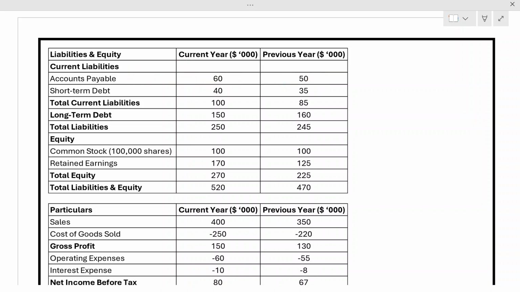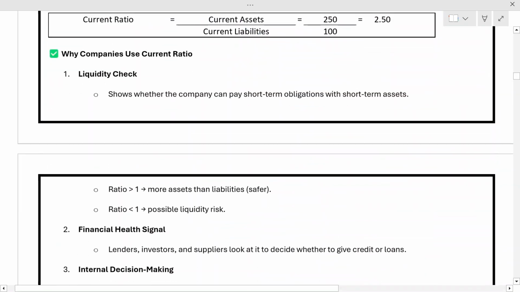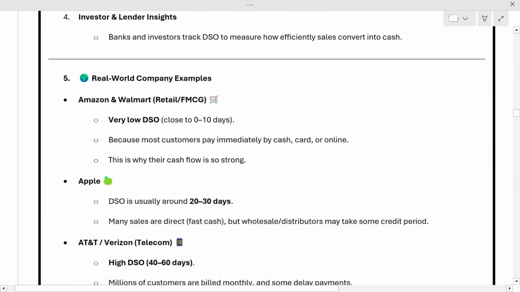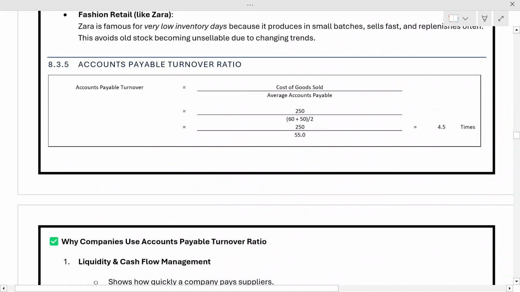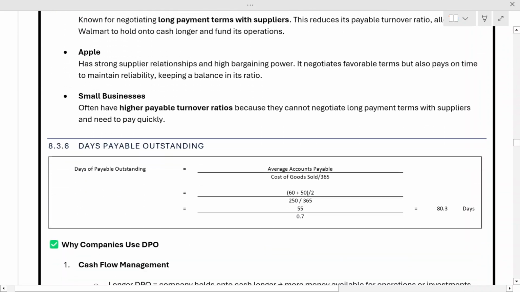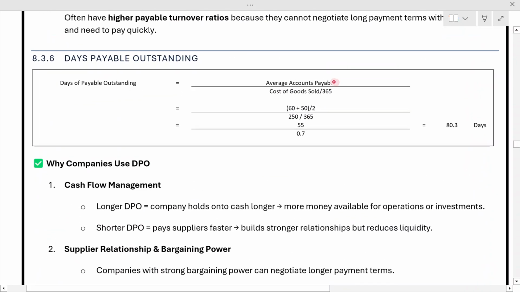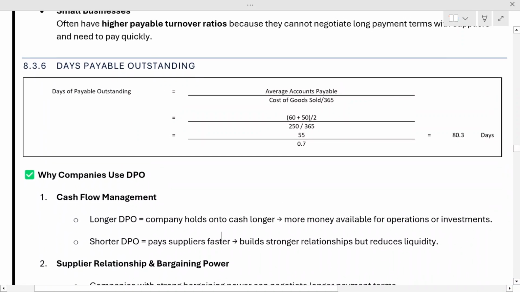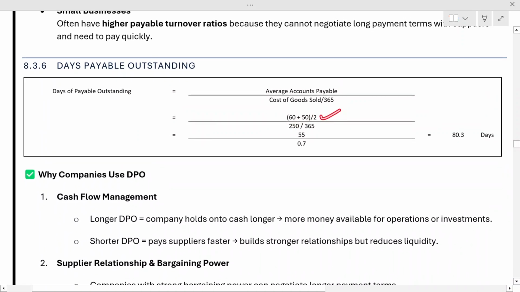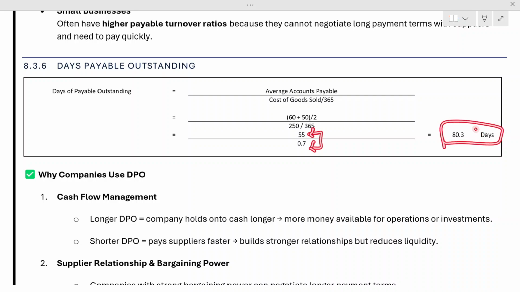So the average will become 60 plus 50 divided by 2, which gives us 55. For payable days, we take the average accounts payable, 60 plus 50 divided by 2, and our cost of goods sold was 250, and we divide that by 365. So we get 55 divided by 0.7, which gives us 80.3 days.